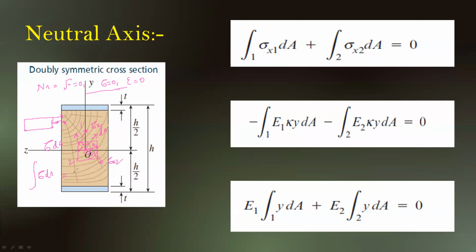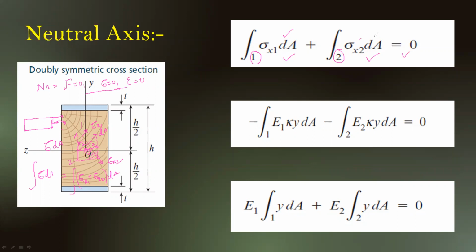Therefore, we can write this as the integral of sigma, which can be written as a combination of two stresses, sigma x1 and sigma x2, times dA. If you open up this integral, sigma x1 dA plus sigma x2 dA, but the first integral is taken over an area which belongs to material 1, and the second over an area which belongs to material 2. So the resultant force is equal to 0.